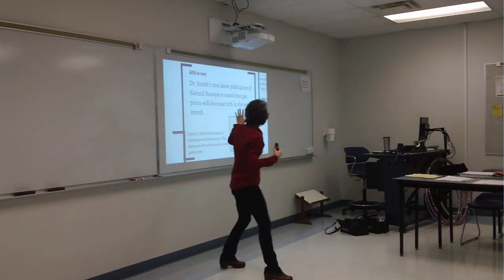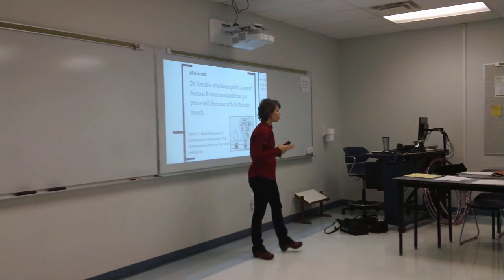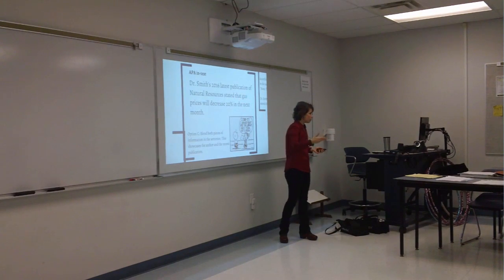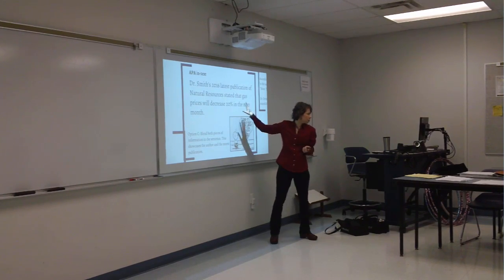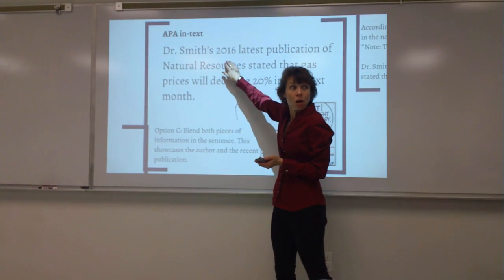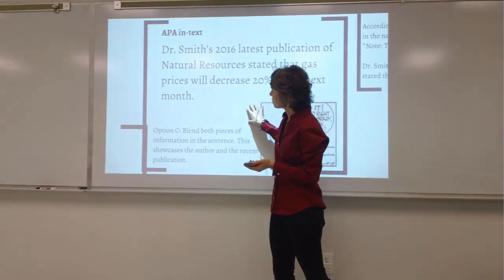So if we can show off, right when you're starting a new main point, that not only am I using the credibility of another person, but I'm also using current information that may be relevant for you. If you're talking about an ancient culture, that may not be as relevant. But for some of you, this date is going to be something you want to show off. Then you should do that when you're paraphrasing.